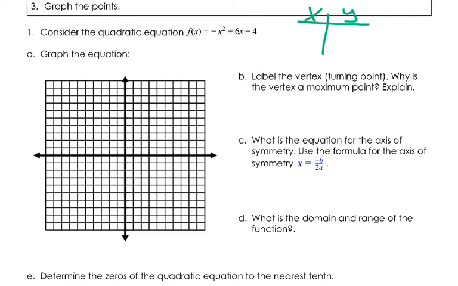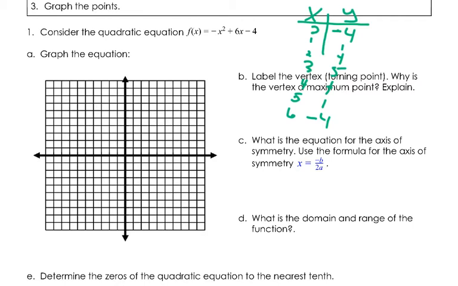I'm going to go from 0, negative 4, 1, 1, 2, 4, 3, 5, 4, 4, 5, 1, and 6, negative 4.